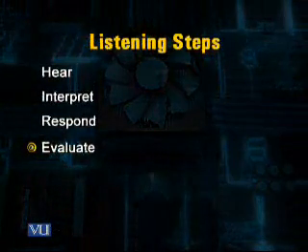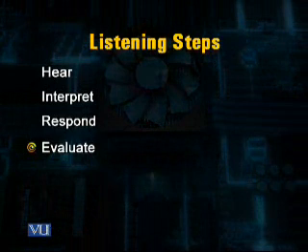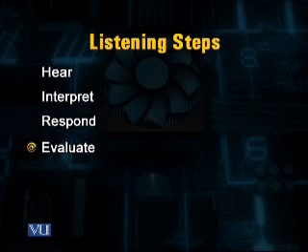The fourth stage of listening is evaluation of the message. That consists of identifying main points of the message and its supporting evidence. You can say that these are the main points that we have talked about, and these are the evidences that go along with them.